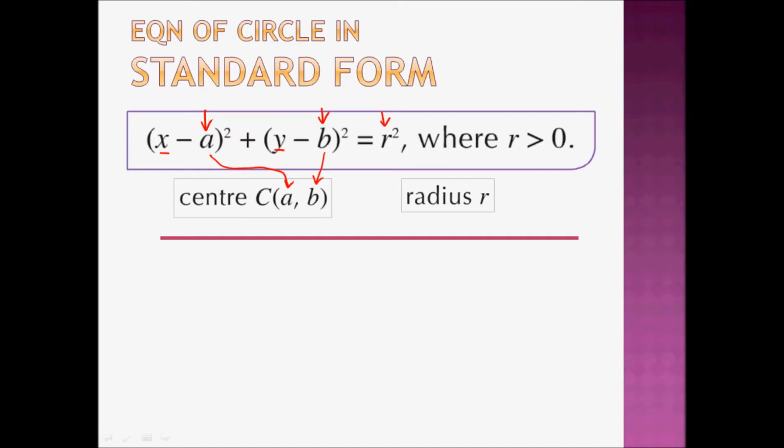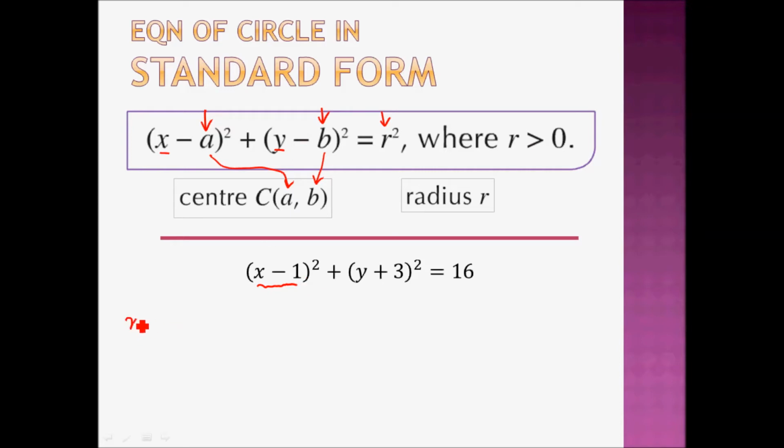With this, it is very easy for us to find the center and radius of the circle given its standard form of the equation. For example, let us take a look at this equation. To find the center of the circle, this is what I would do. To get the x-coordinate of the center, I focus on this term, x minus 1.